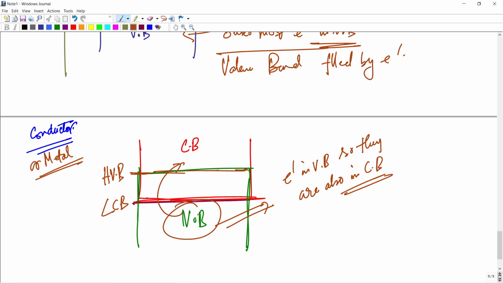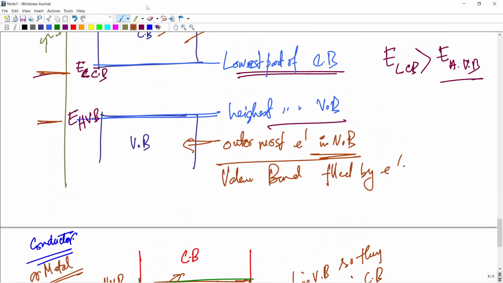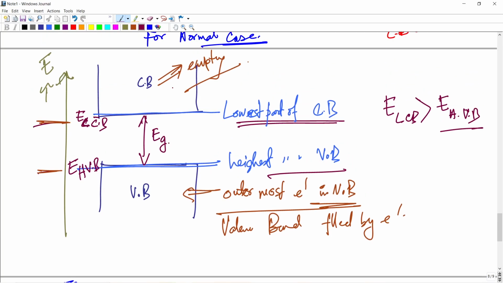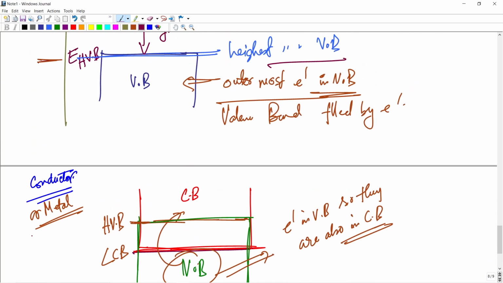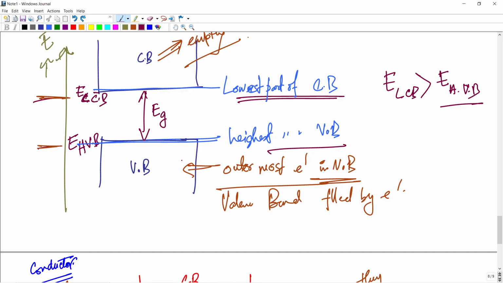Here you see that the gap is called Eg, the energy gap. In the case of metal, Eg is 0, because there is no energy gap here.